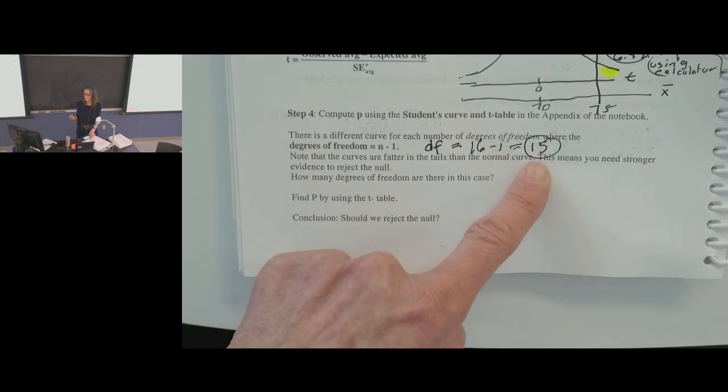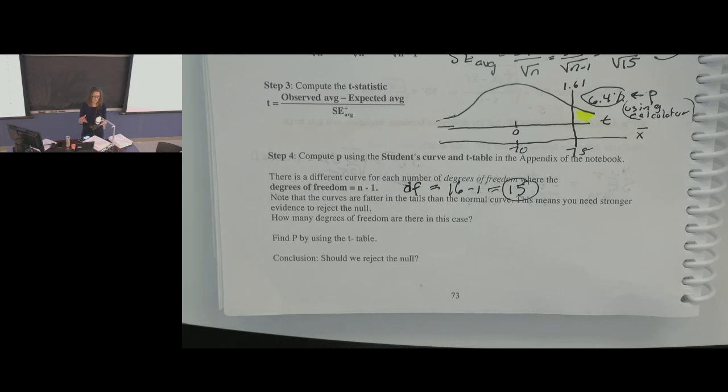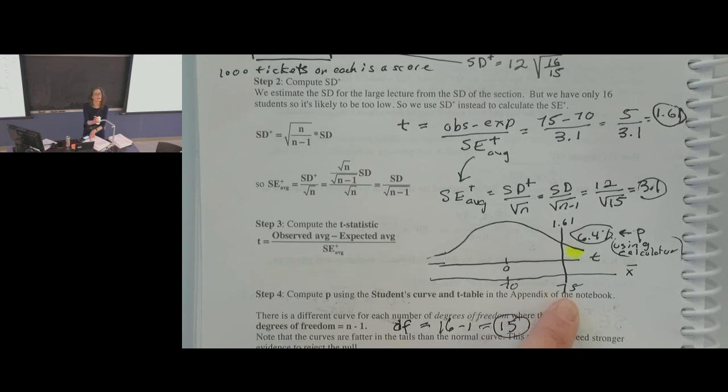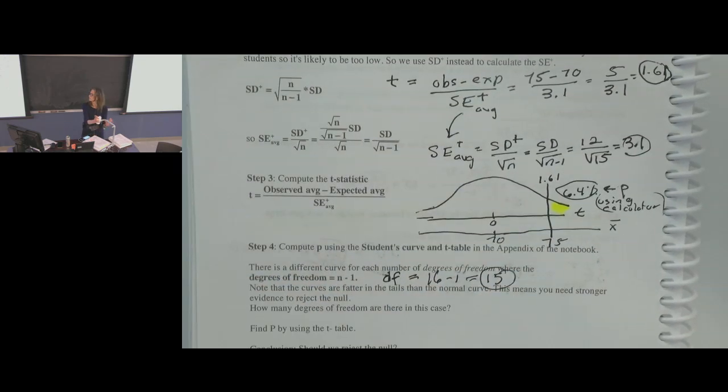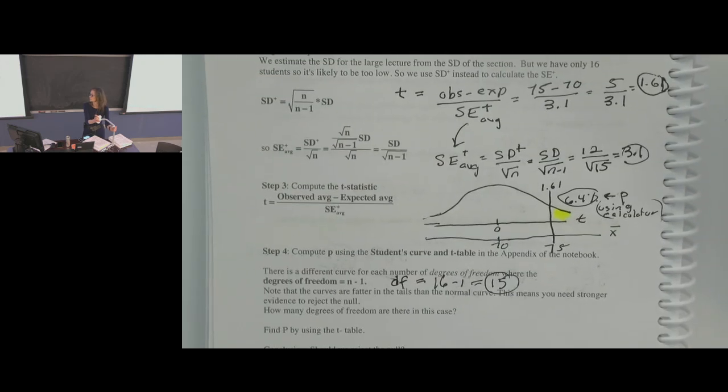These degrees of freedom refer to how many deviations go into calculating the error around your model. We're estimating these means, and we're saying how much error is there around our model. Well, how many calculations went into it? You'd think 16 went into it.